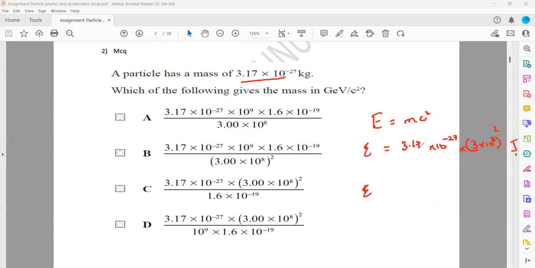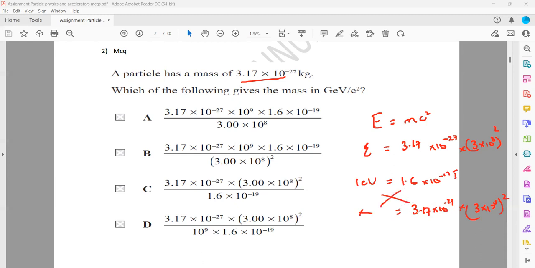But we want to convert first into electron volts and then to giga electron volts. And we have 1 electron volt equals 1.6 × 10^-19 joules. So if we have this many joules, 3.17 × 10^-27 × (3 × 10^8) squared, then x electron volts.